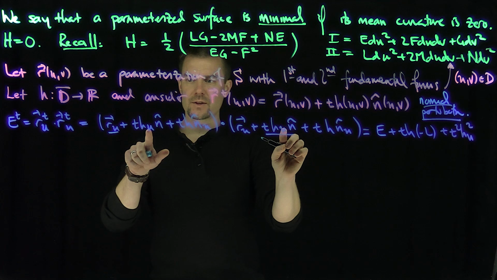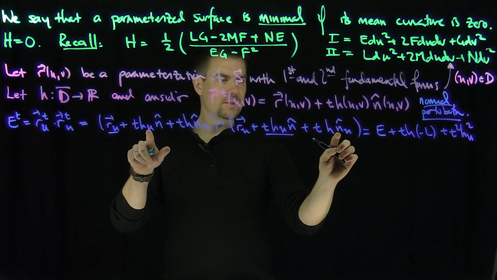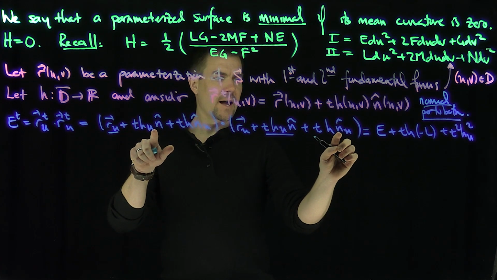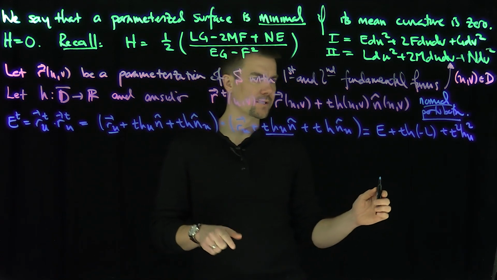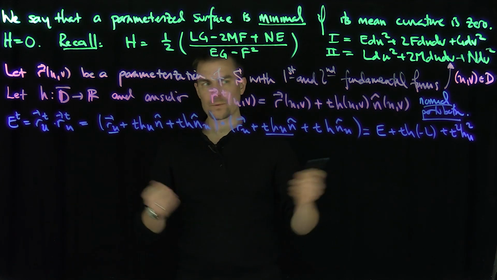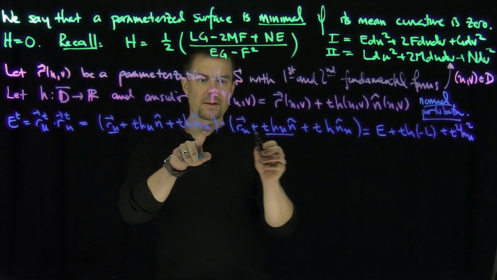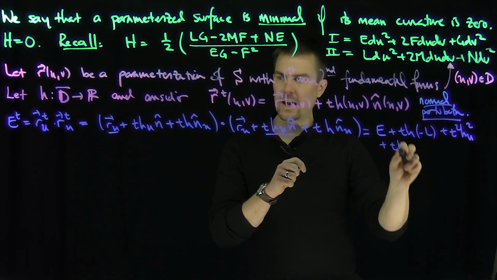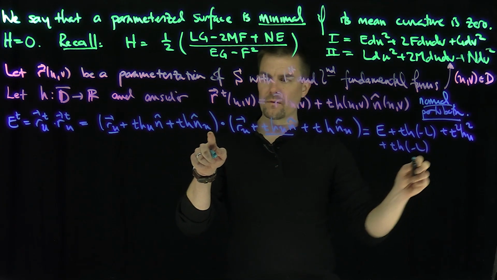So if I do this dot this, we're going to get a t squared h_u and the n. If I do this and this, we're going to have a t squared h_u h, and then n dot n_u, right? But of course, n_u is going to lie in the tangent direction, so that's going to be gone. And then we have n_u dot R_u, that's going to be a negative t h L, so another negative t h L, giving t h plus t h with a negative L over there.